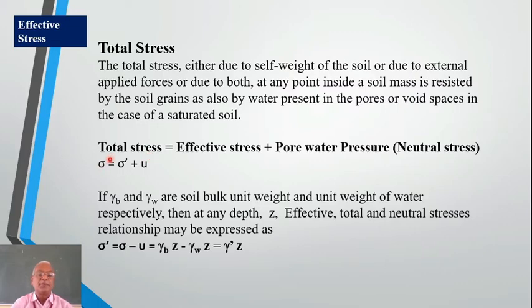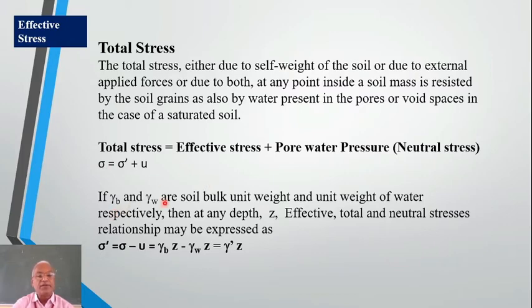So sigma, the notation used for total stress, equals sigma dash, indicating effective stress, plus neutral pressure or pore water pressure, which is represented by the letter u. So this is a very standard notation.